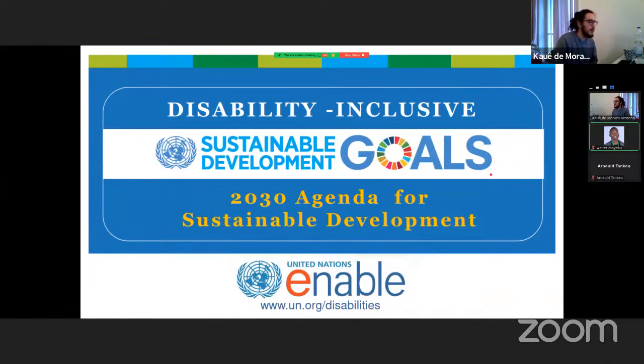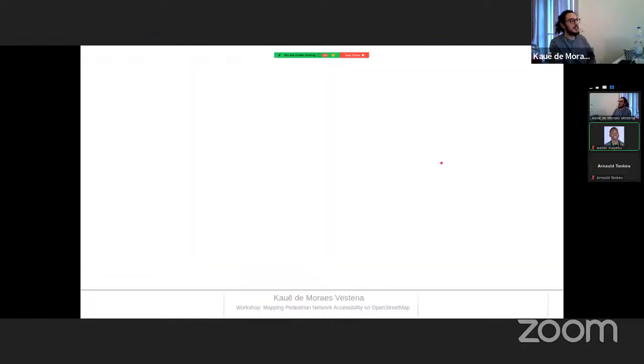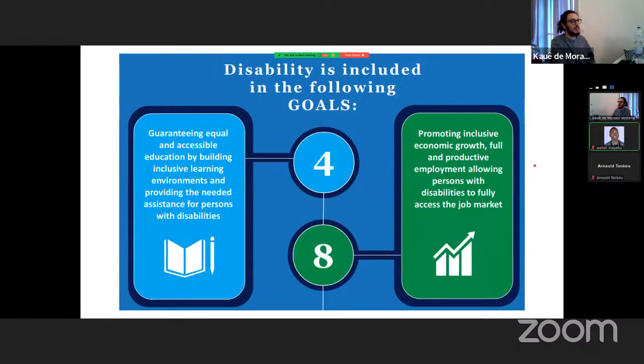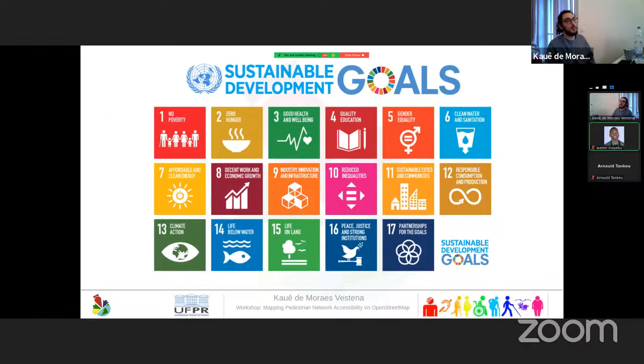Then when we think about the SDGs, the Sustainable Development Goals of the United Nations, we have this disability inclusive agenda. Considering the 17 SDGs, many of them are related, where accessibility is fundamental for them to be achieved.